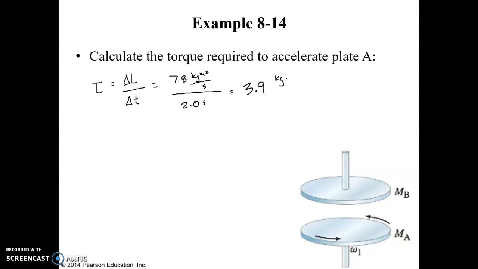It looks like kilogram meters squared per second squared, but if you'll recall, a Newton is a kilogram meter per second squared, so these units become 3.9 Newton meters, which is our unit for torque. So the torque that was required to accelerate this plate up to this angular velocity was 3.9 Newton meters.